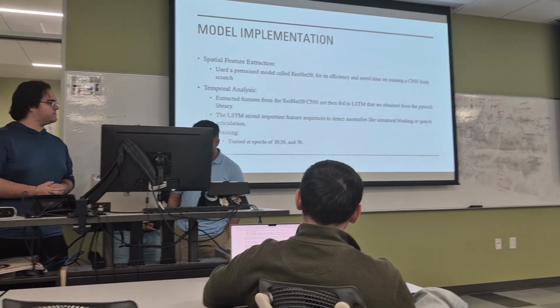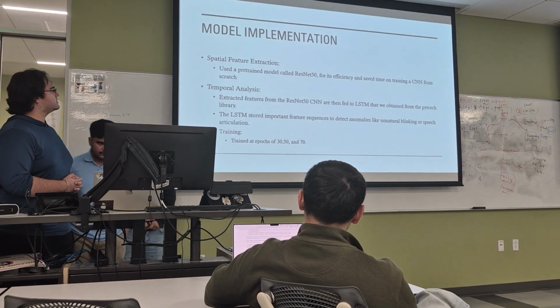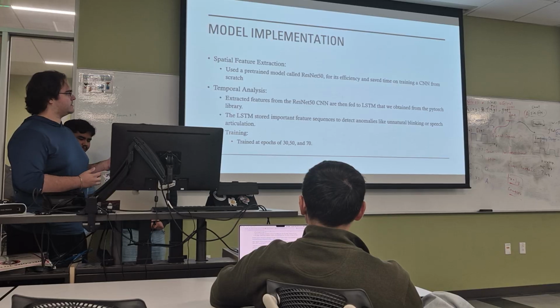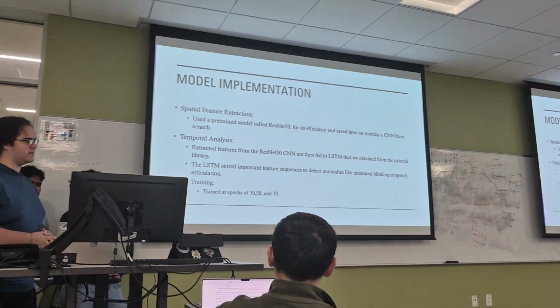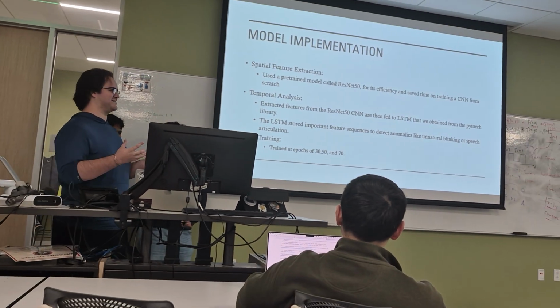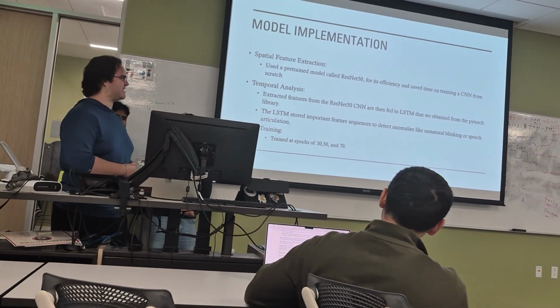When we implemented our model, we used a pre-trained model called ResNet50 from PyTorch, and we also used the LSTM from PyTorch, because training from scratch is too time consuming.